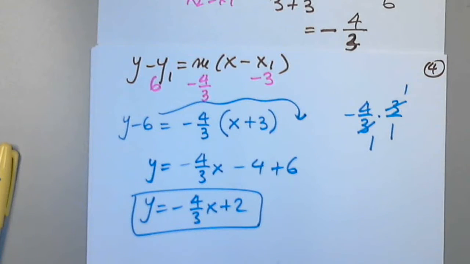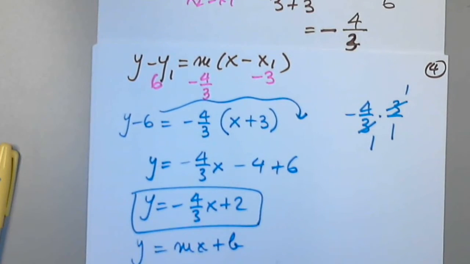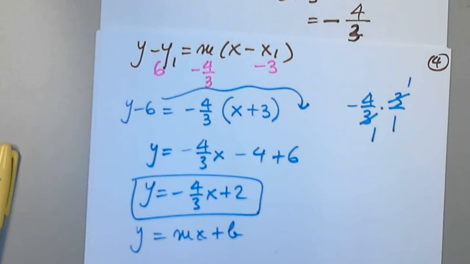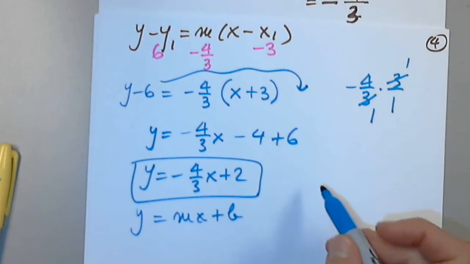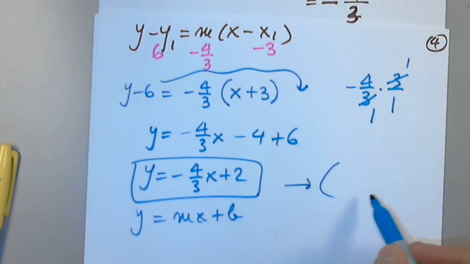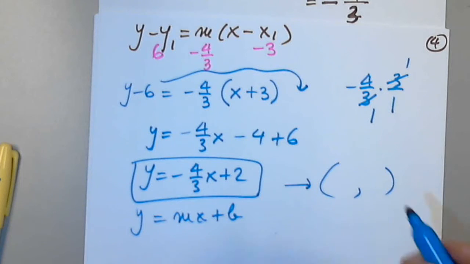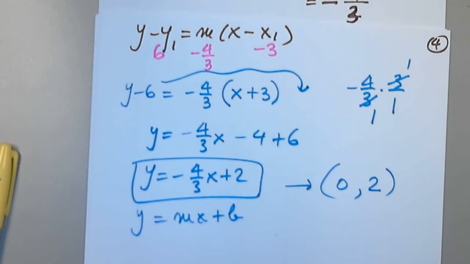Yes, because this is in the form of y equals mx plus b. I have the slope, I determined it a while back, but can anyone identify from here the y-intercept in ordered pair format? 0, 2. Thank you. We're getting better and faster, Tom. Are you happy? Yes. Good.